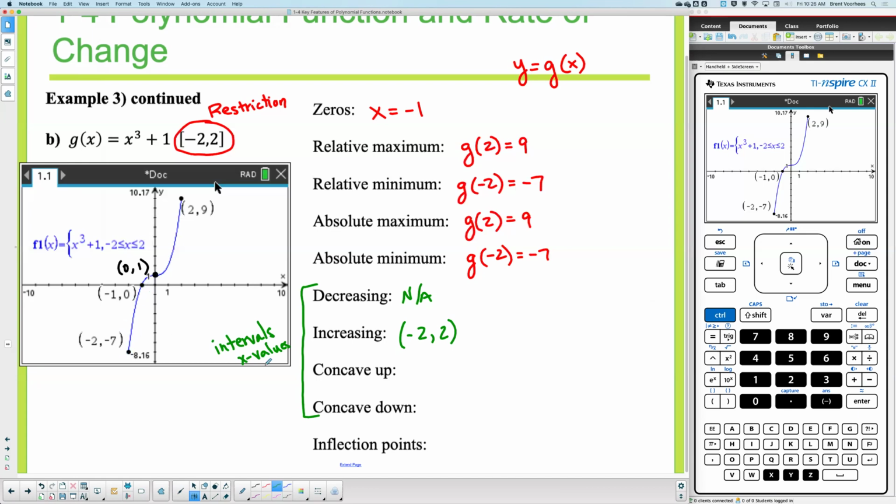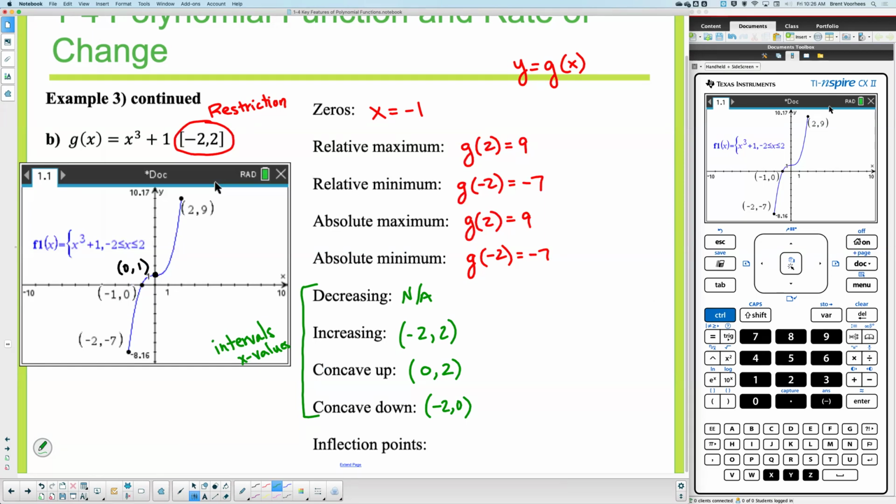And again, x values. Concave down from -2 until, not 1, that's the y value, until 0. -2 until 0 is concave down. Concave up from, oh, I did the y this time, from 0 until 2. Good. Here's my question for you.